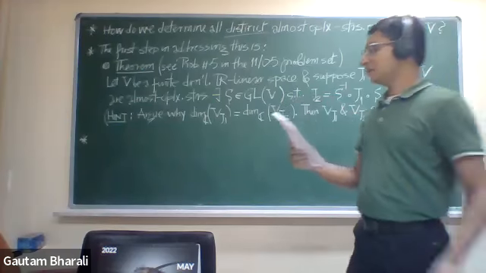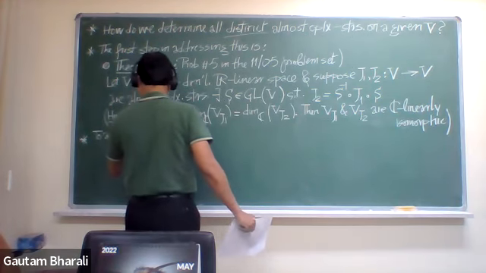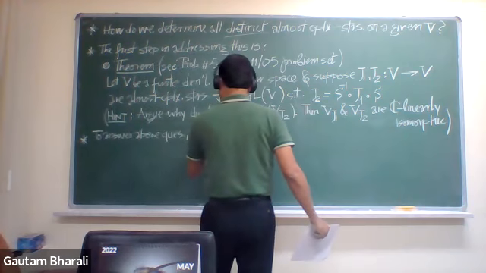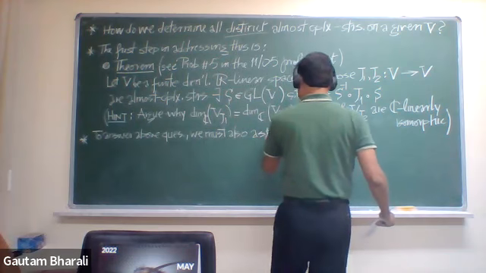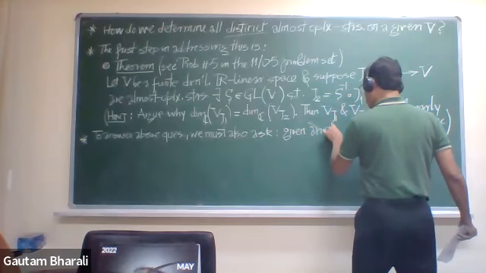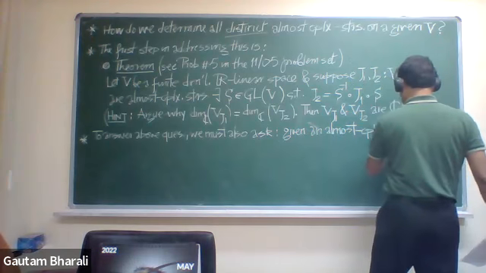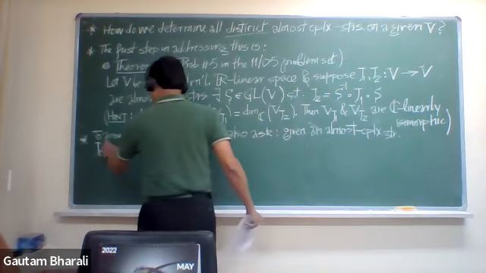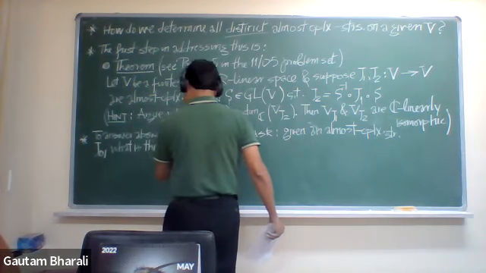So you see, the thing is, to answer the above question, we must also ask, given an almost complex structure, let's give it a name, J naught, what is the set?